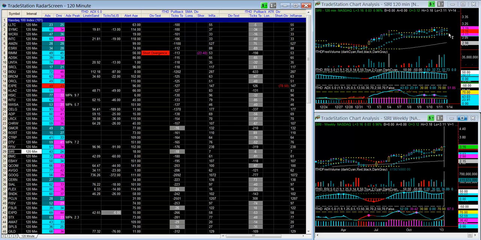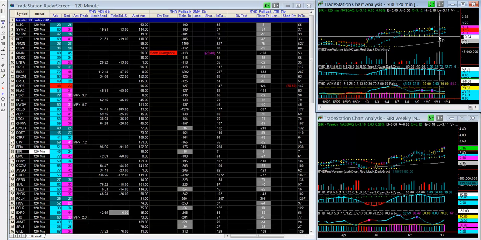This one I would want to see come back and touch the ATR like it did over here. That would have been a better trade. But right now it's not at the SMA, it's actually 18 ticks away from the SMA. So I wouldn't want to enter that one now because it's a very low value stock.